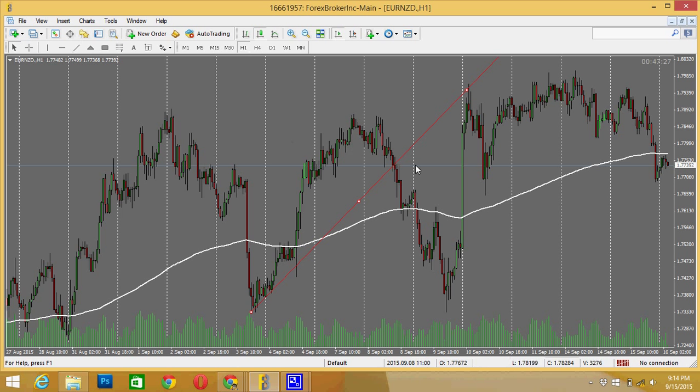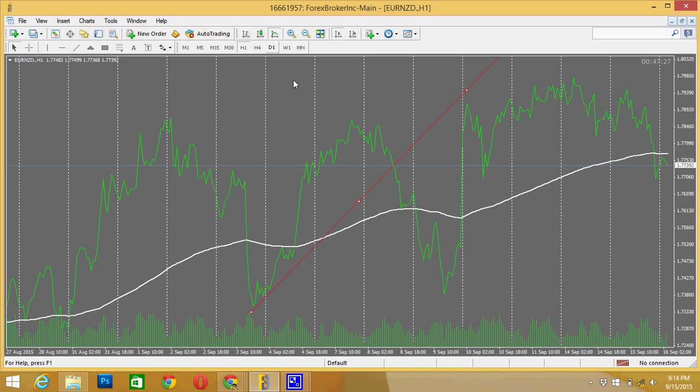So this is your candlestick chart. We're gonna go ahead and switch over to our line chart, and now I think you can see why I wouldn't consider that a trend line. The line chart is pretty much based on the closes of what you see going on here.